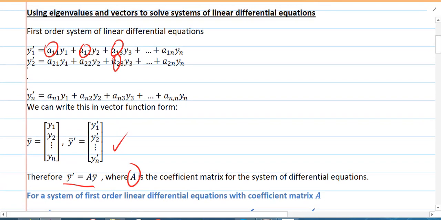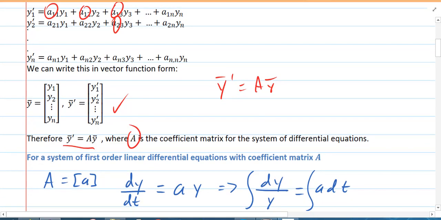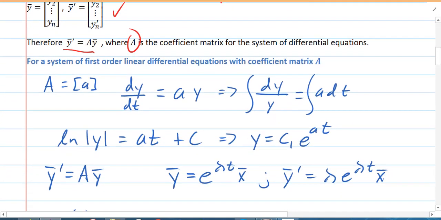All right, so now how do we solve this? We've got y bar prime equals A y bar. How are we going to solve this thing? Well, remember how you did this for ordinary linear differential equations. If the matrix A is just a single entry, then I have dy/dt equals ay.